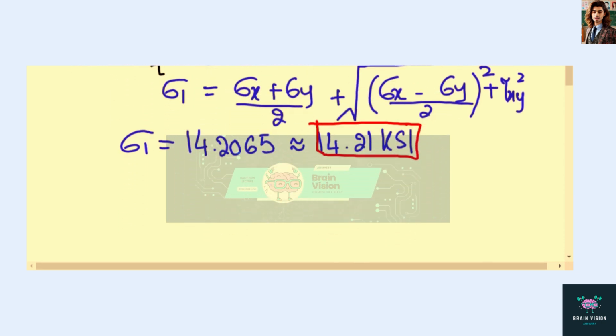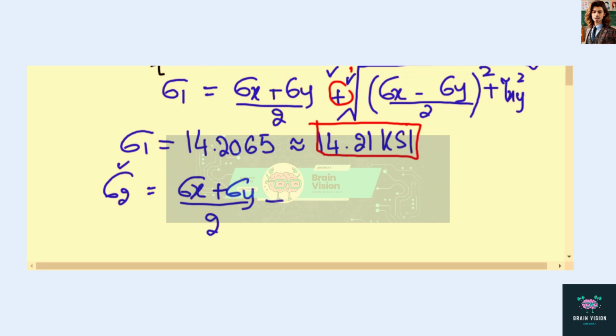Now we need to calculate sigma sub 2. Again, we would be using an equation similar to this one. Sigma sub 2 is (sigma sub x plus sigma sub y) divided by 2, minus the square root of ((sigma sub x minus sigma sub y) divided by 2) squared plus tau sub xy squared. The only difference between this equation and the previous one is the negative sign in the middle.